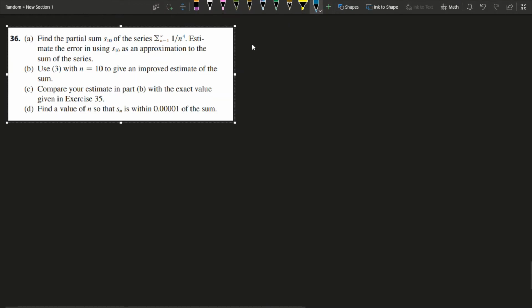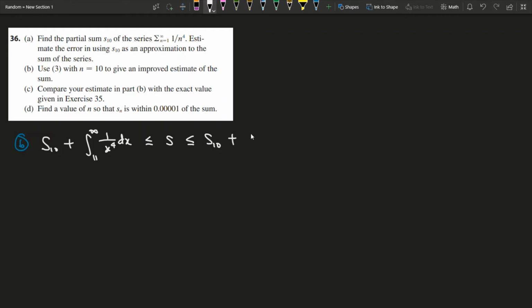So for B, we have S10, plus the integral from 11 to infinity of 1 over x to the 4 dx, is less or equal to the actual sum, which I will denote as S, and this is less or equal to S10 plus the integral from, it should start from 10, to infinity of 1 over x to the 4 dx.